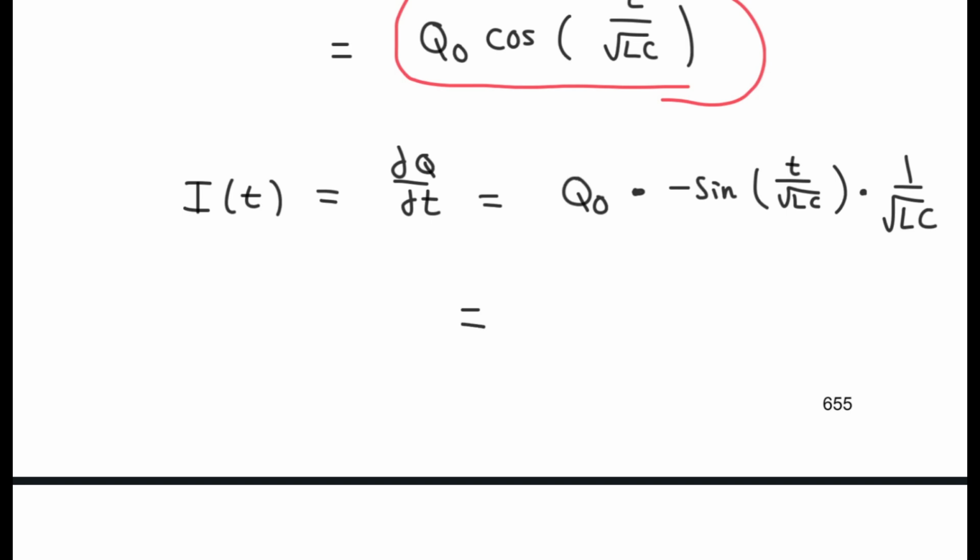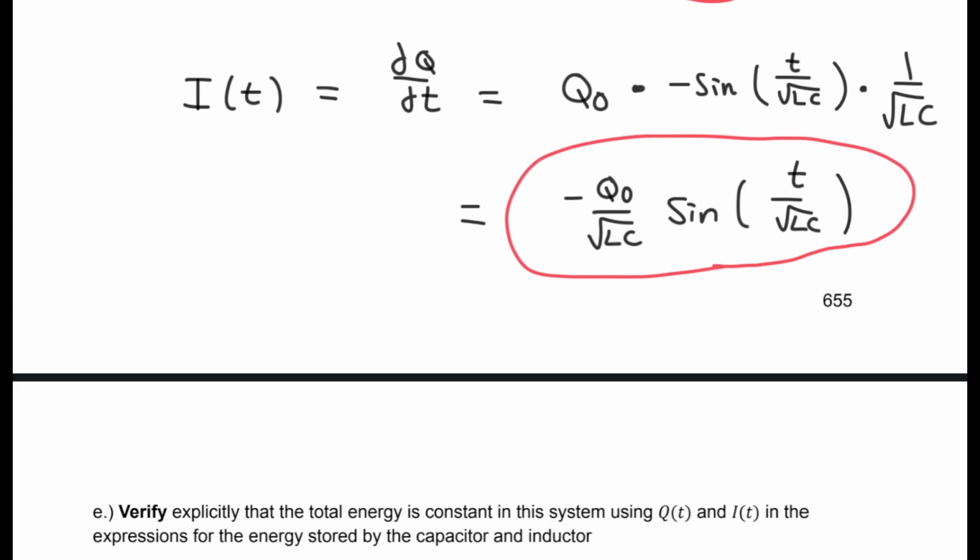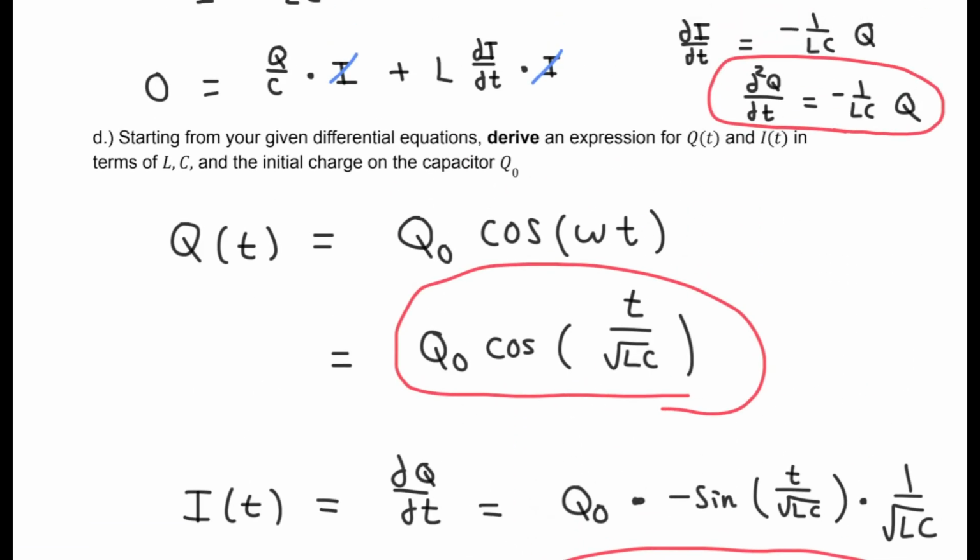So we would get negative Q0 over square root LC times sine of t over square root LC. So we can actually see the maximum current is equal to the maximum charge times this angular frequency omega. So there's our functions.